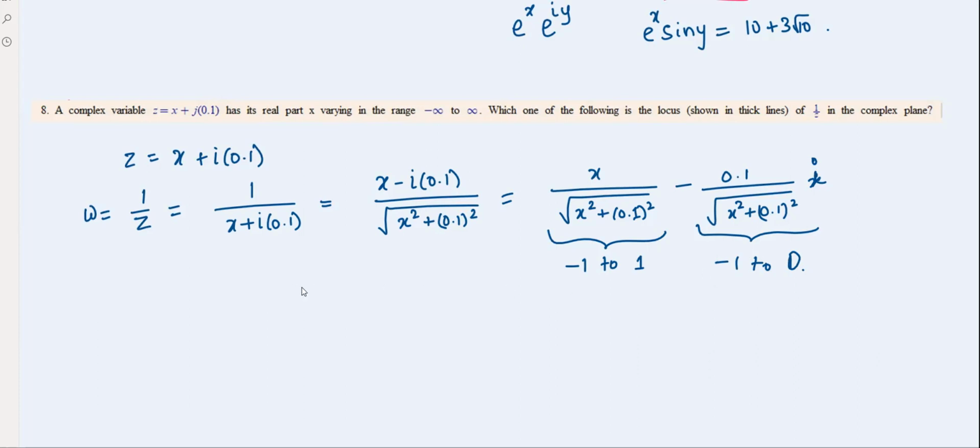On the w plane, as x tends to 0, this tends to 0. This is u. This is v.